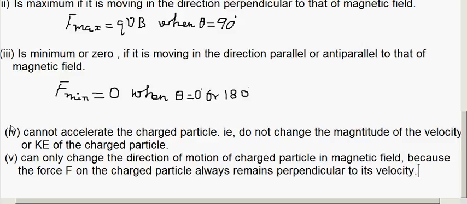So the force is always perpendicular to velocity, so it can change the direction.